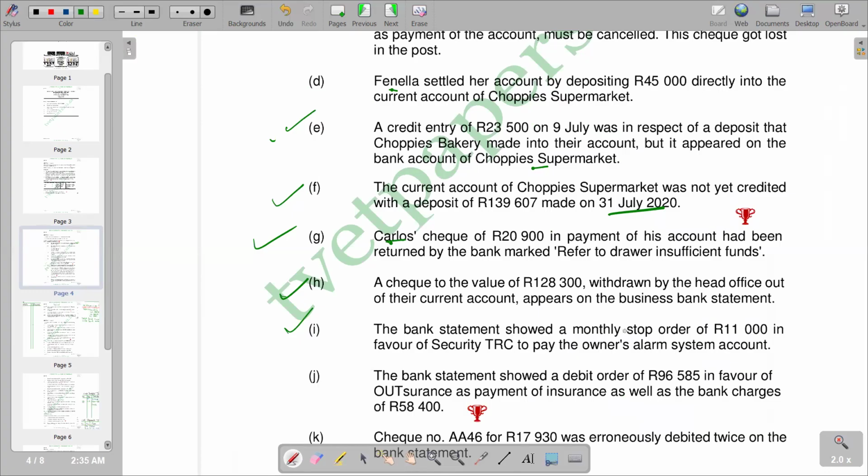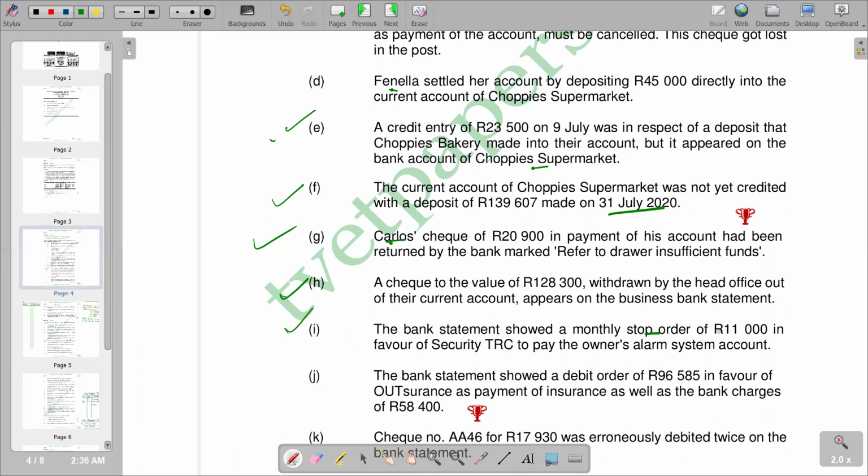So this is a stop order, and it is processed in the bank first, and it appears on the bank statement, but it won't be there in the journal. So we can only get to know about it when we get our bank statement. So we are going to update it in our journals. When it's a stop order, it's going to be debited on our bank statement. So in our books, in the bank account, it will be on the credit side, which is under the cash payment journal, 11,000.